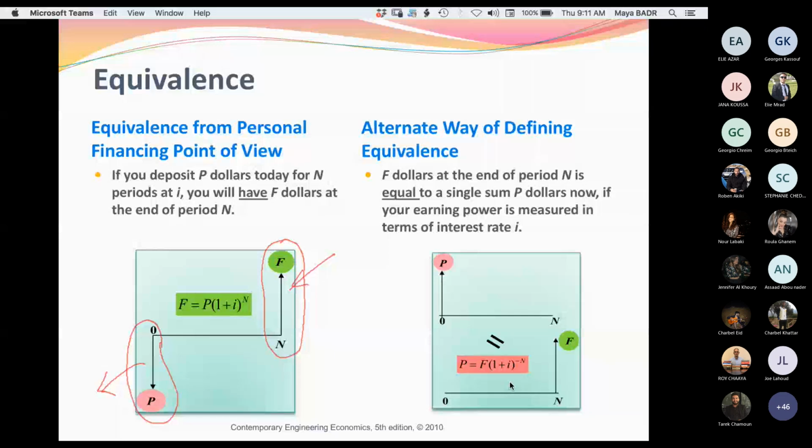So capital P today is equivalent to capital F in N years at an interest rate I. Clear? This is the simplest economic equivalence example.